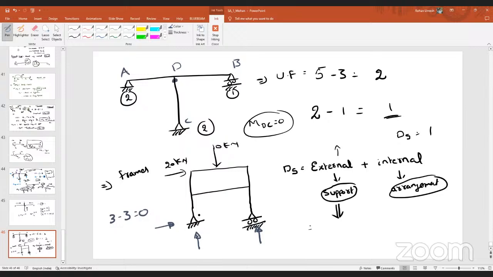One force, you can tell me quickly. What is that force? By looking at this, you can quickly tell me one unknown force. Sir, horizontal. Here see, horizontal load is 20. How many horizontal reactions are there? Only one. If 20 is acting on the right side, to make summation of forces along x equal to 0, how about this horizontal reaction here?